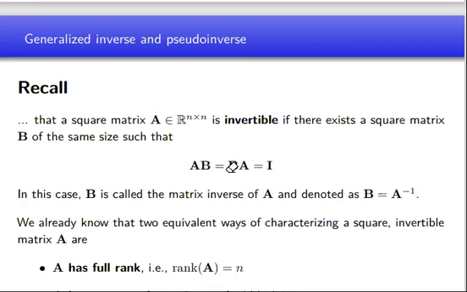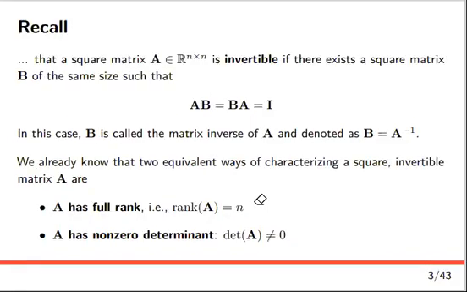When you multiply A by B, you get the identity. So B is called the inverse of A, right? So we know that earlier, you remember.